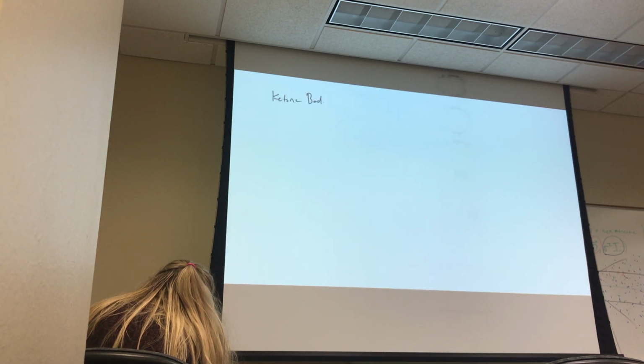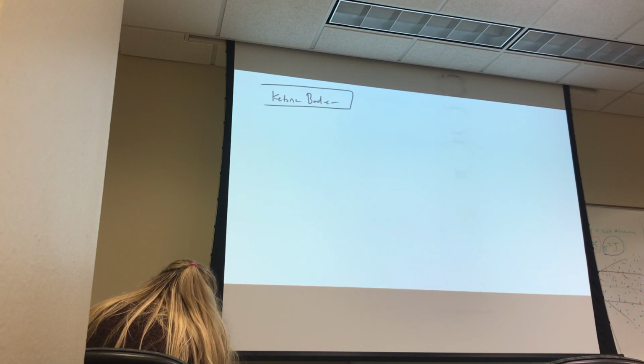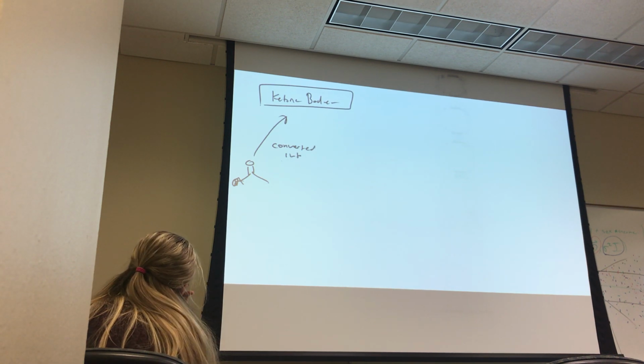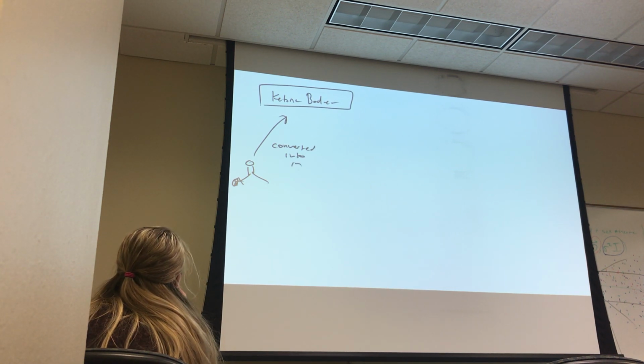Ketone bodies. Okay, what are they? Basically, they're produced from acetyl-CoA, get converted into this in the liver.